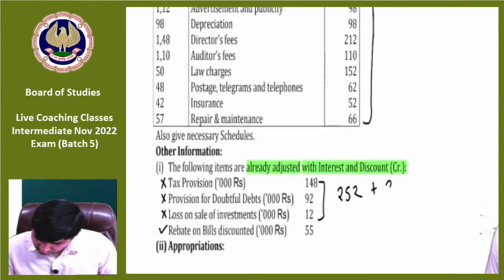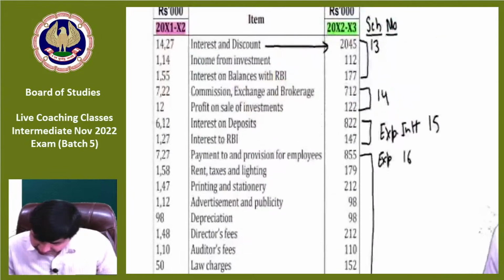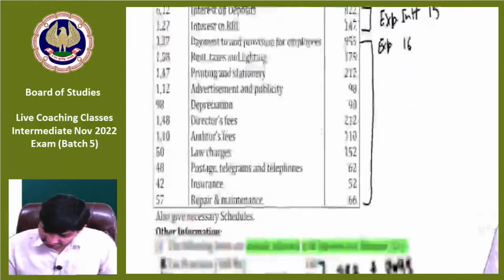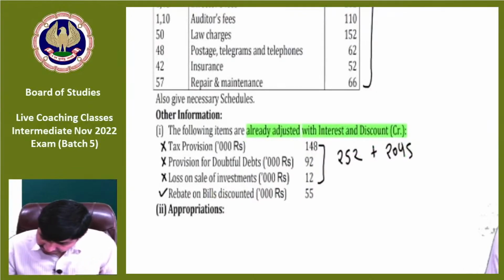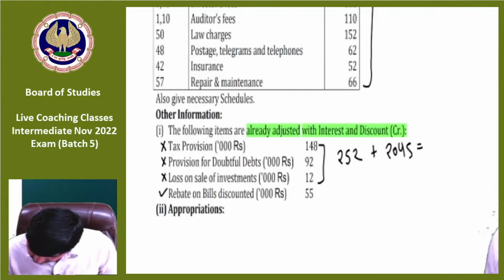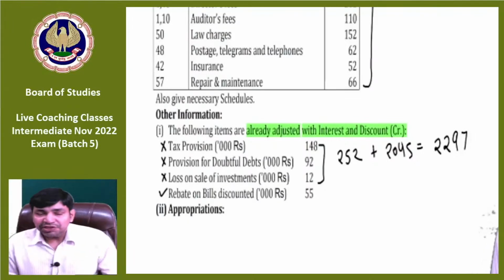The figure of 20545. Yes, 2045 has been found after reducing these. It means the correct figure will be found for the discount and interest part. That is 5 and 2 is 7, 4 and 5 is 9, 2. 2297 is the correct amount. 2297 is the correct amount.